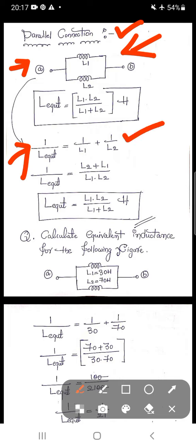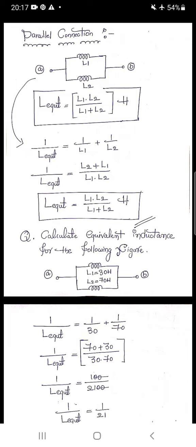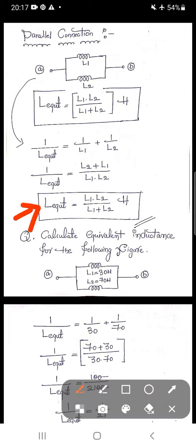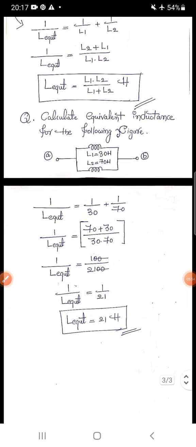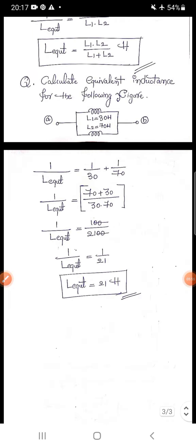So 1 by L equivalent is equal to, by simplifying, (L2 plus L1) divided by L1 into L2. By simplifying this, we get L equivalent is equal to L1 into L2 divided by L1 plus L2. Like this, we can easily find the equivalent inductance of a parallel connection.